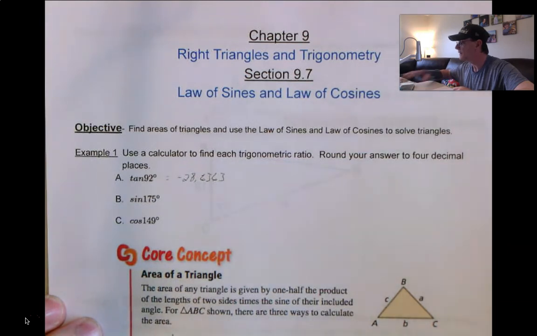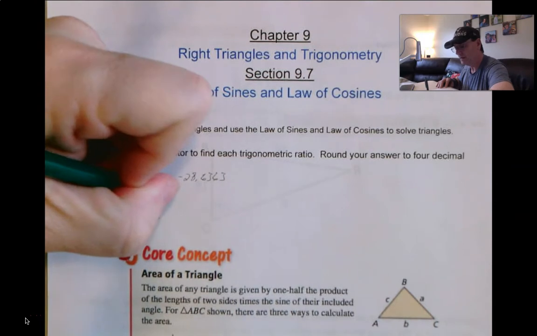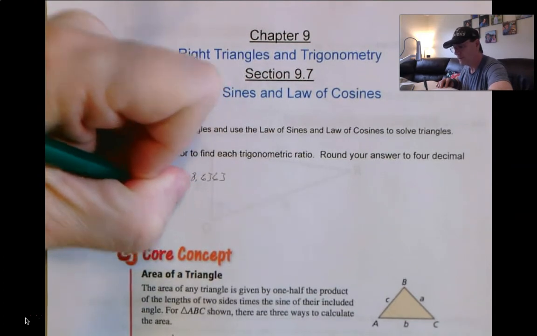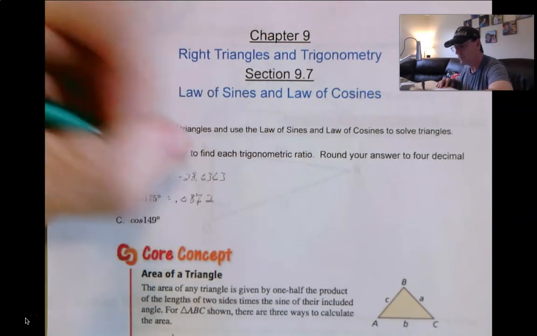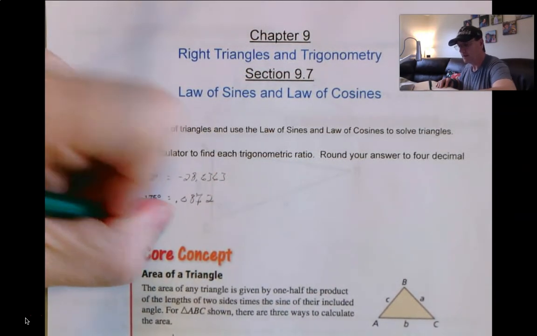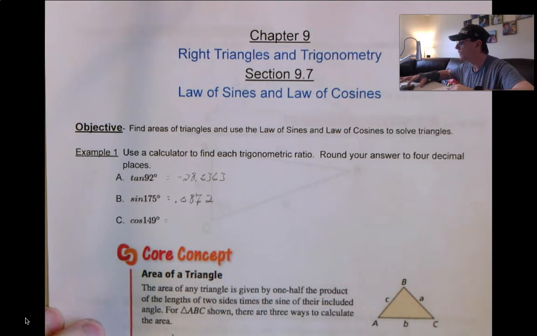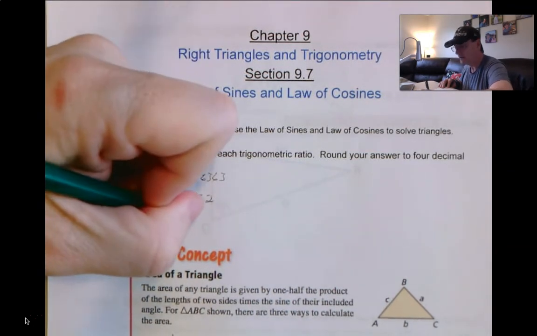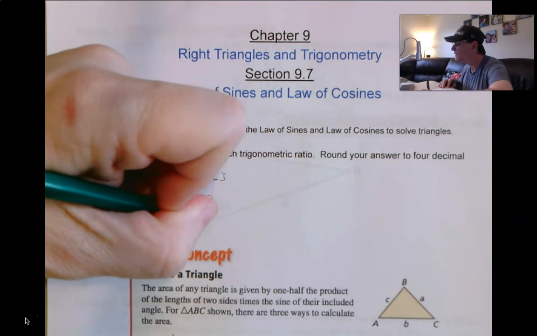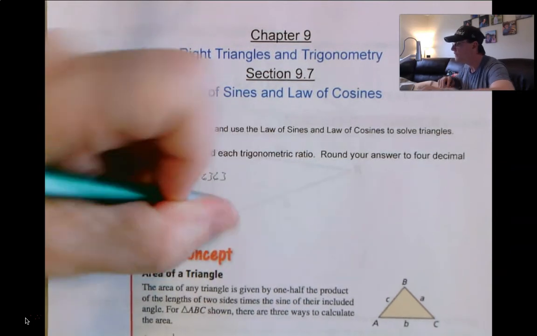And sine gives me 0.0872. And cosine of 149 degrees. Cosine 149, negative 0.8572.